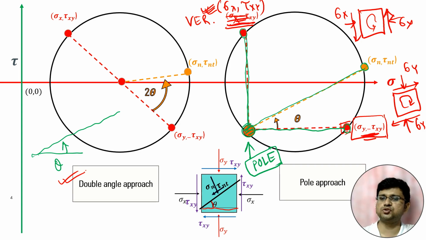From this point, by measuring the value of normal and shear stress, we will get the value of sigma n and tau nt. By rotating 2 theta we can get the value, or if we just create the pole and draw one line from the pole parallel to the plane, then we will also get the value of normal and shear stress. So both these concepts are important, but the pole approach is more useful.